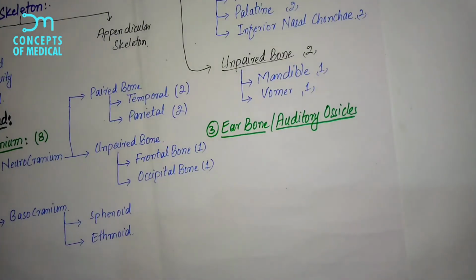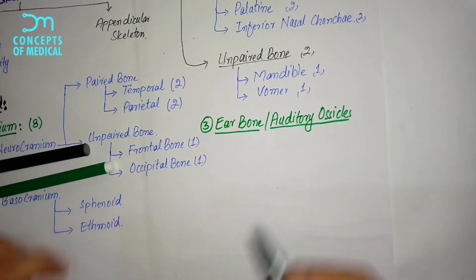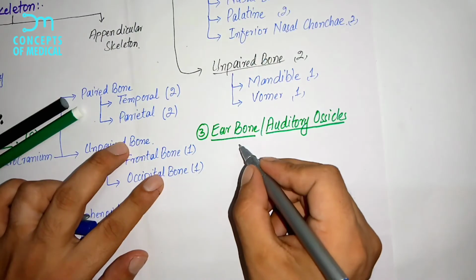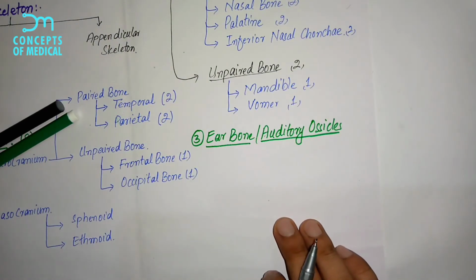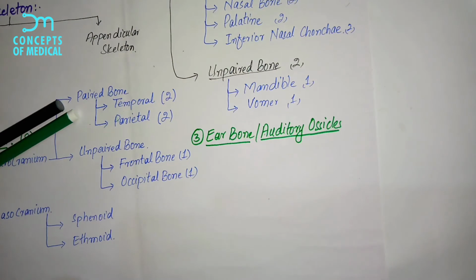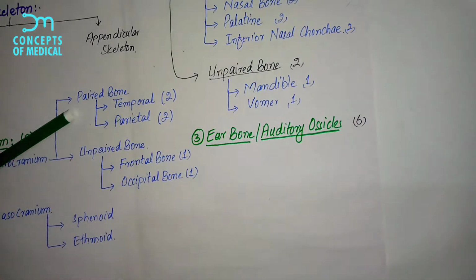So this also constitutes two types of bones. Here in each ear we have 3 bones, and collectively we have 6 bones in the ear, our auditory ossicles, we have 6, right?